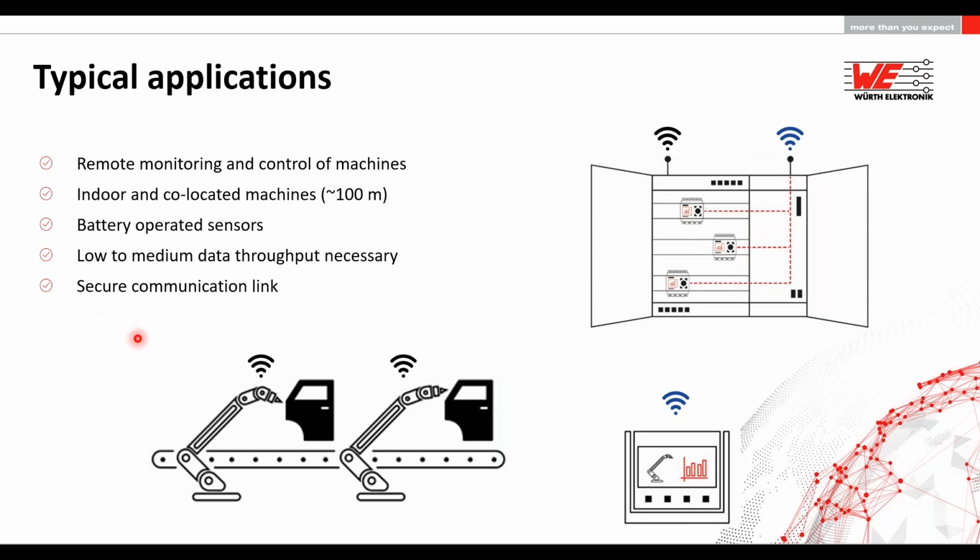The most important thing to consider is security. The data is really sensitive, hence it has to be securely transmitted from one device to the other. So just keep this specific remote monitoring and control application in mind. This will be visited often in the slides.